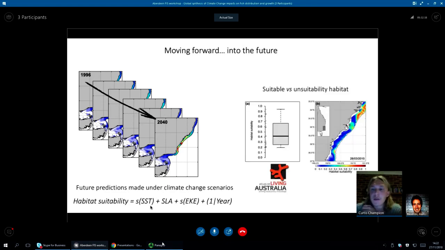Similarly, like when we identified an estimate of the range boundary of this animal, we wanted to differentiate between suitable and unsuitable environmental habitat.